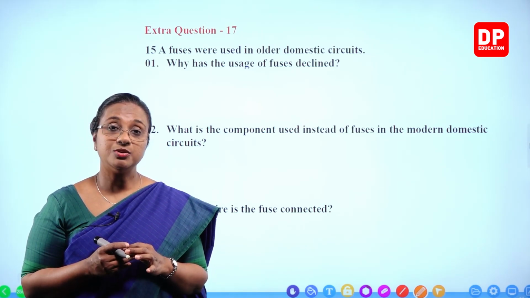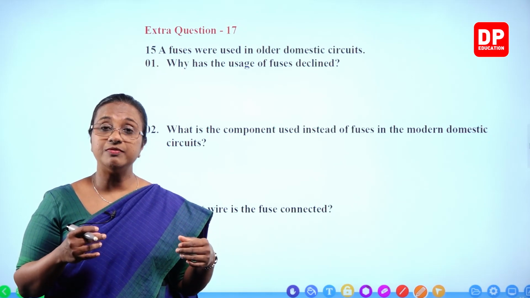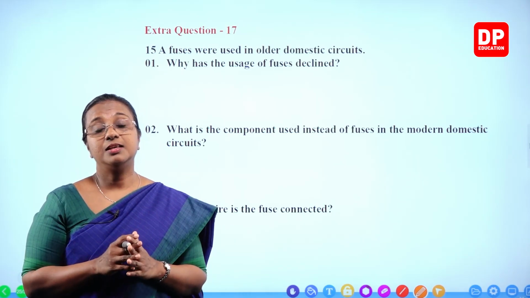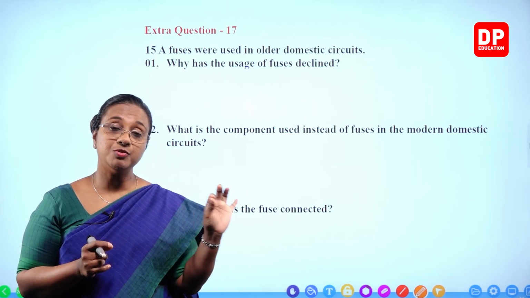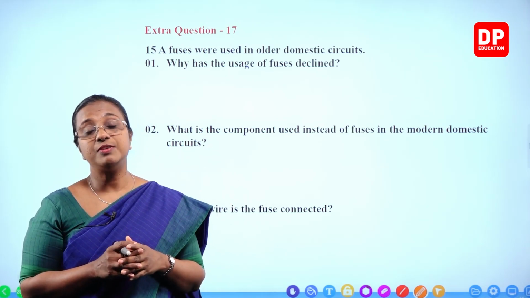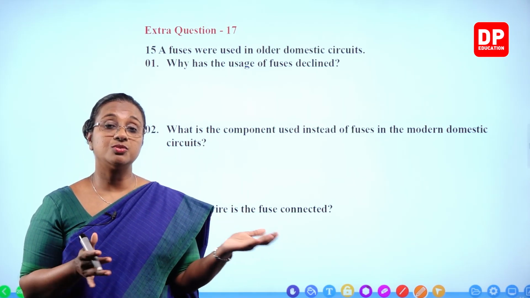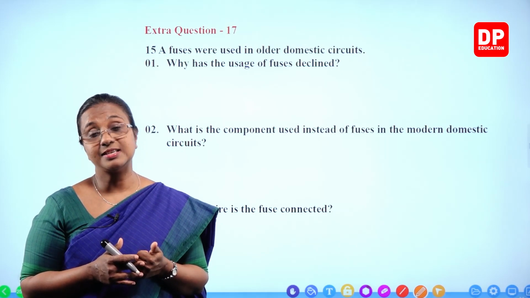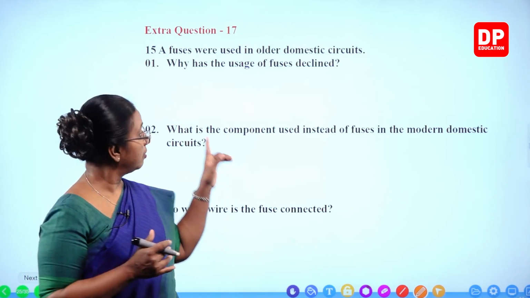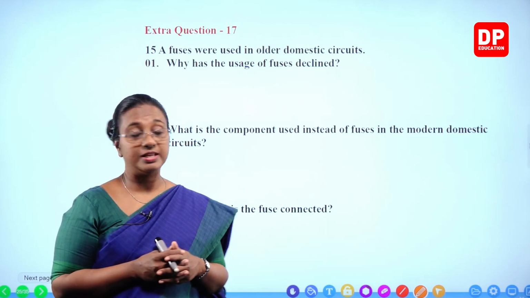Then the consumer has to remove the fuse, replace the fuse wire and then put the fuse back into the circuit so that you can get the electricity supply back. So that is how the fuses were used in the olden days.